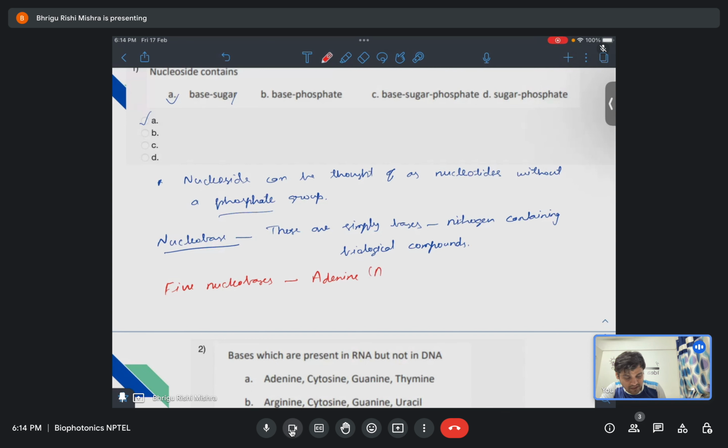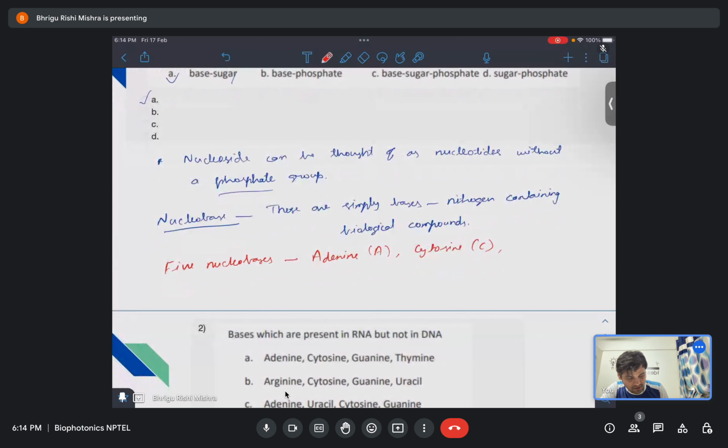Adenine, represented as A, cytosine represented as C, guanine represented as G, thymine represented as T, and uracil represented as U.